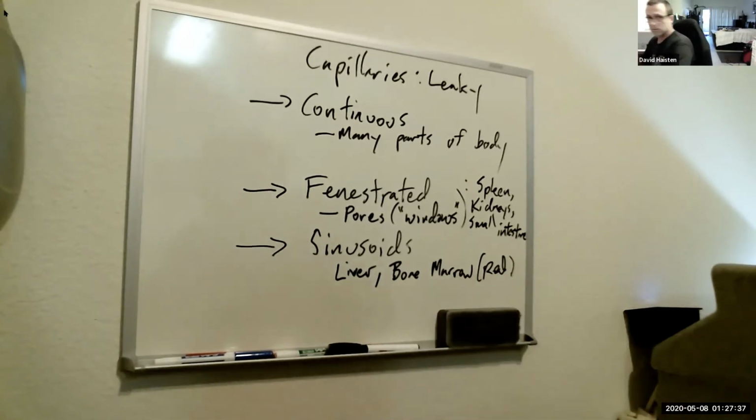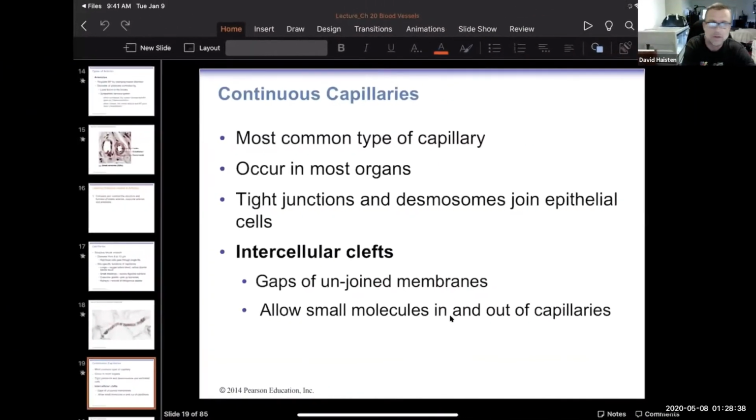So let's look at what they look like. Okay, so let's look at continuous capillaries first. Most common type, most organs. The epithelial cells, the squamous epithelial cells, are joined together with tight junctions and desmosomes, just like they ever are. But what's present in continuous capillaries are intercellular clefts.